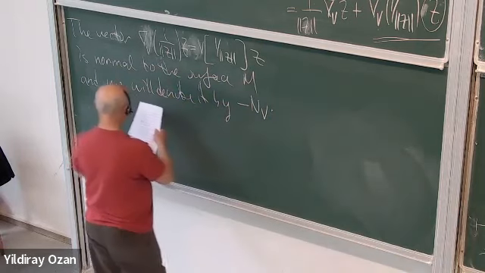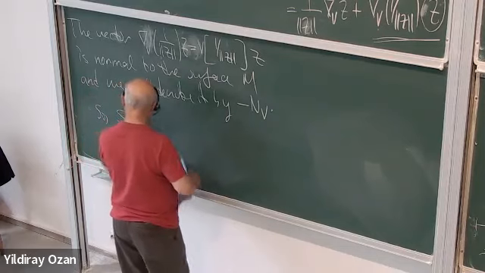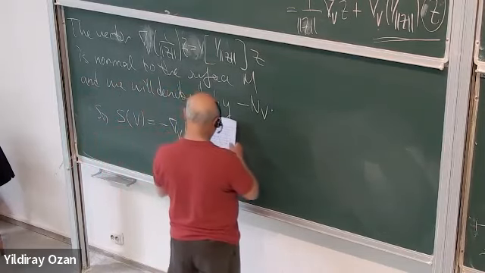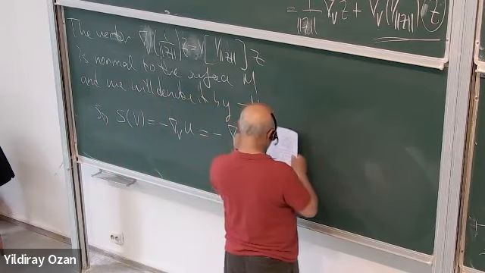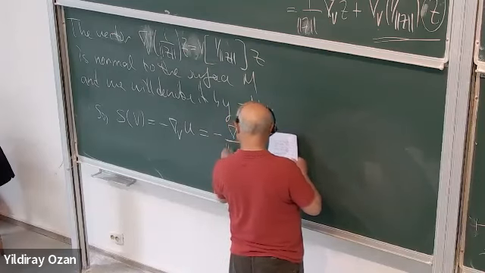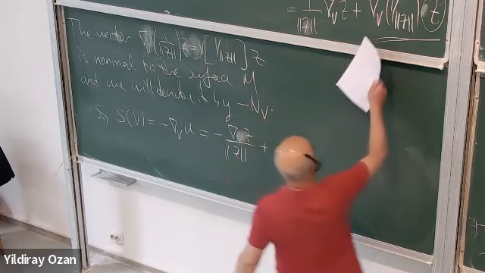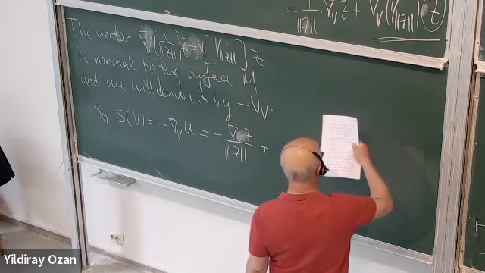So the shape operator at V, which is by definition this gadget, is minus the covariant derivative of Z divided by norm Z, plus NV.